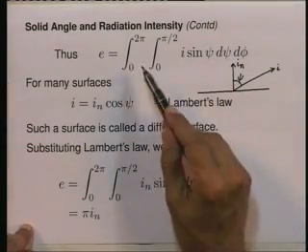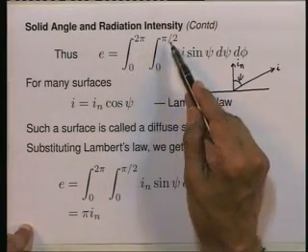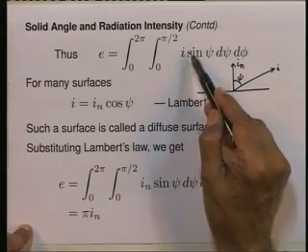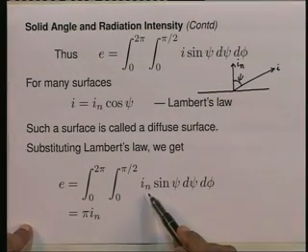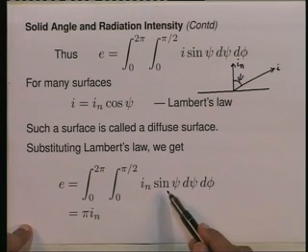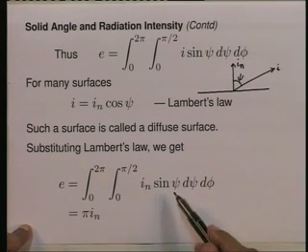Now, suppose we substitute Lambert's law into the expression which we had earlier. E is equal to the integral 0 to 2 pi, 0 to pi by 2, of I sin psi d psi d phi. Instead of I, let us write I n into the cosine of psi.